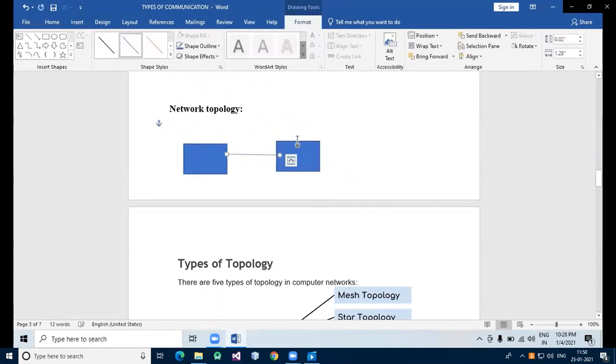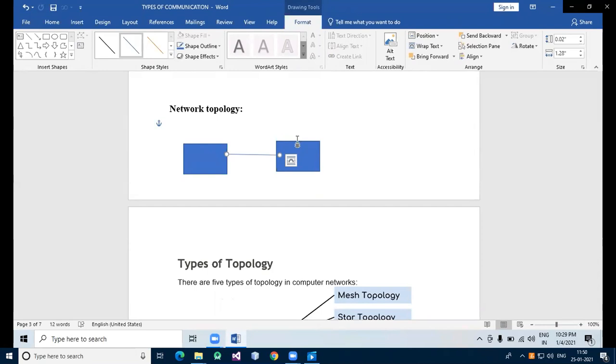Point to point connection provides a dedicated link between two devices. They send on one link between two devices. The meaning of the word dedicated is that the entire capacity of the link is reserved for transmission between these two devices only. It is possible to connect the two devices by means of a pair of wires.